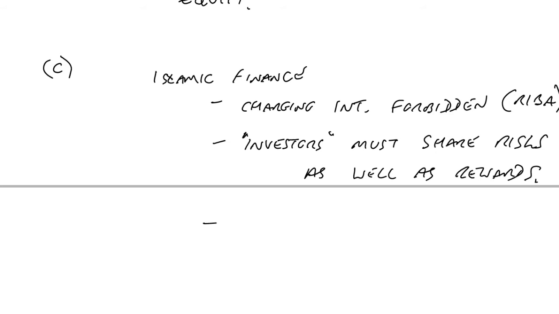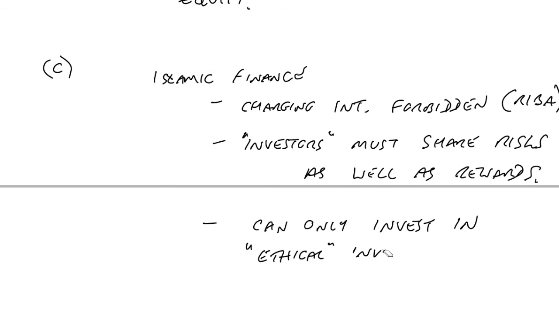And the other big thing is that you can only invest in ethical investments. I'm not sure I'm using the right word here. Depends how you define ethical, but perhaps it'd be better to put it the other way around: you can't invest in things like gambling companies.